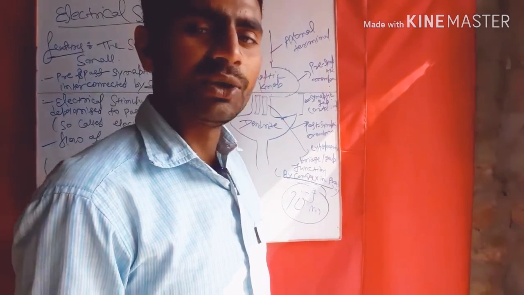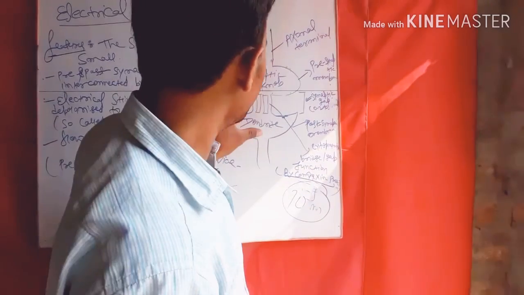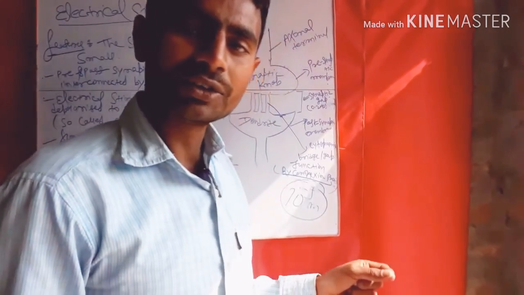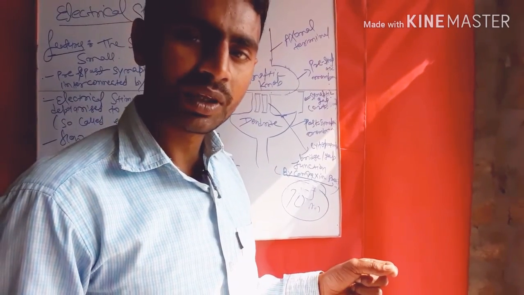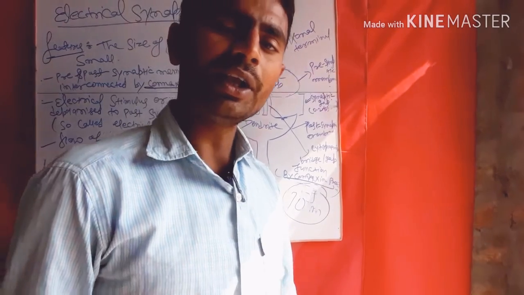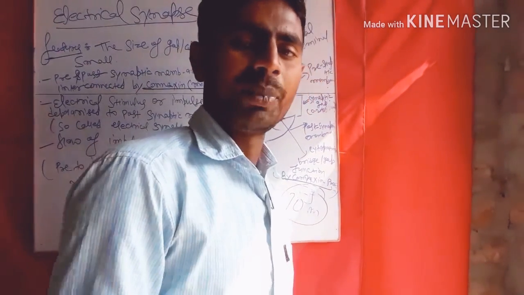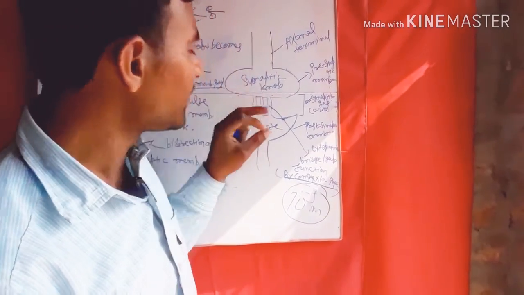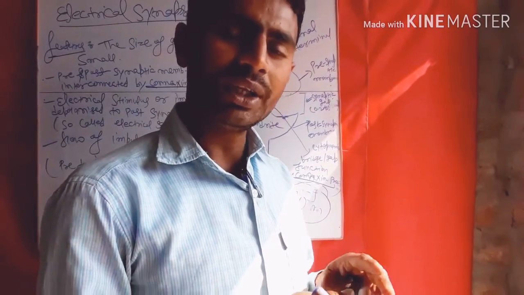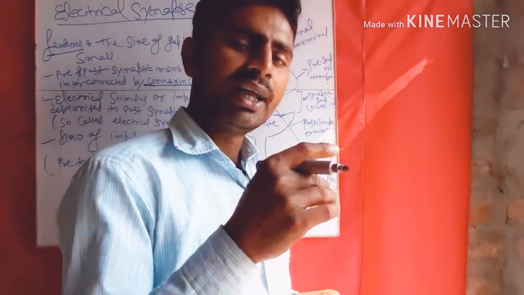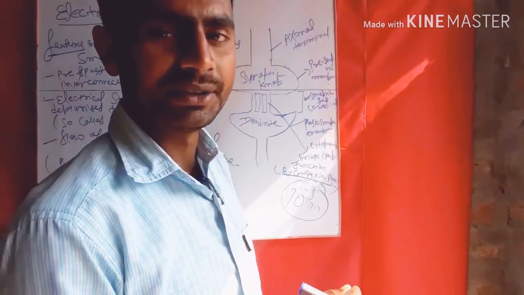I want to tell you that these are two neurons. The terminal part of one neuron and the head part of the other neuron are attached to each other with maintenance of a little gap.